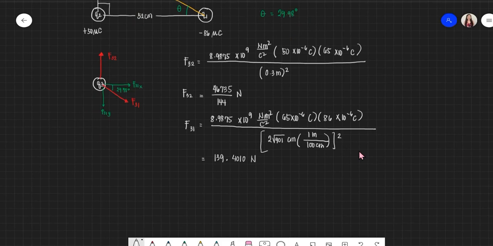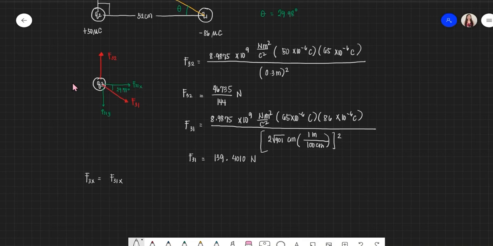So how do we find now the net force acting on Q3? We are going to find the summation of the horizontal and the vertical forces. F3x is basically equal to F31x, right?